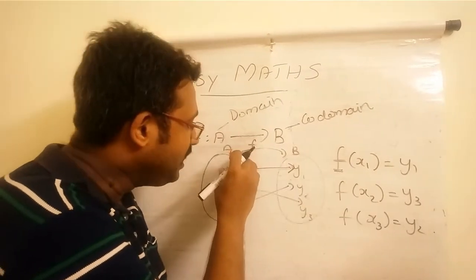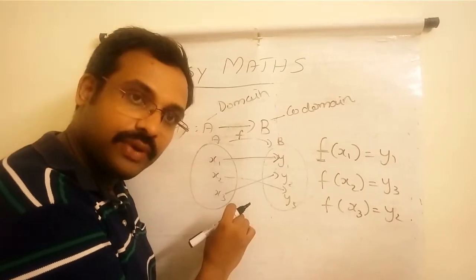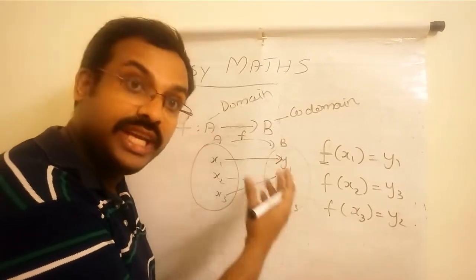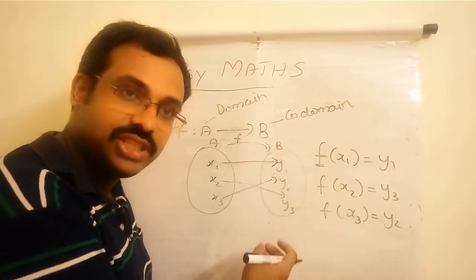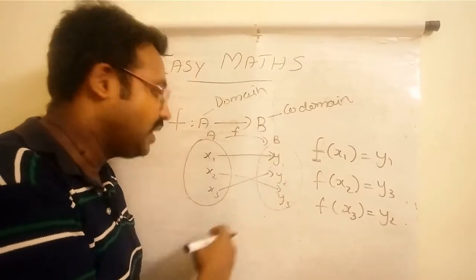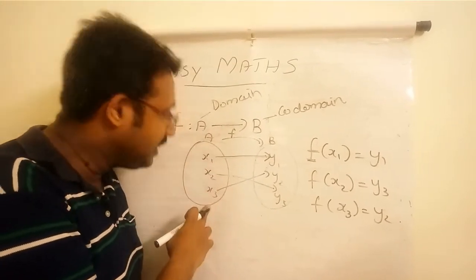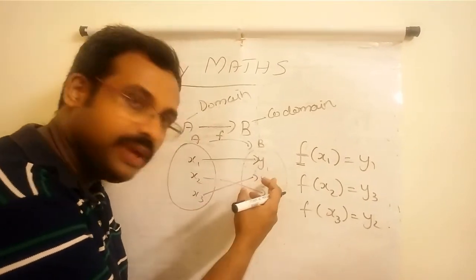So for every element in the domain, if unique images exist, such mappings are called functions. Here, what are the elements in the domain? x1, x2, x3. Every element in the domain has a unique image, isn't it?